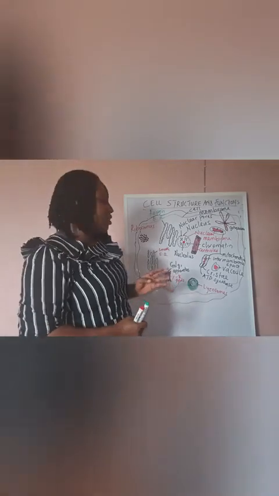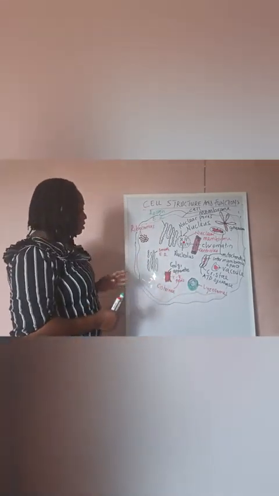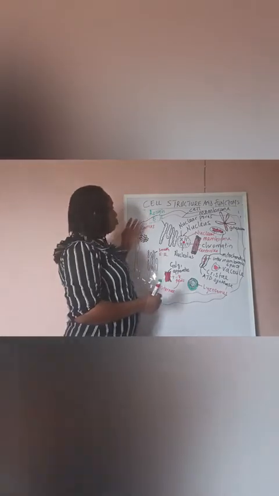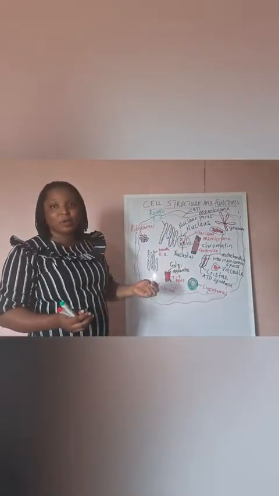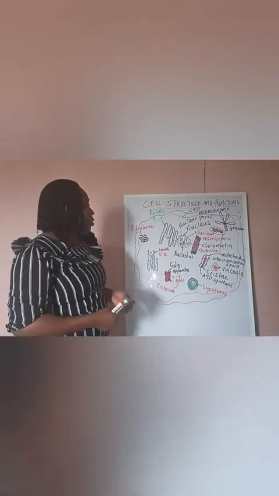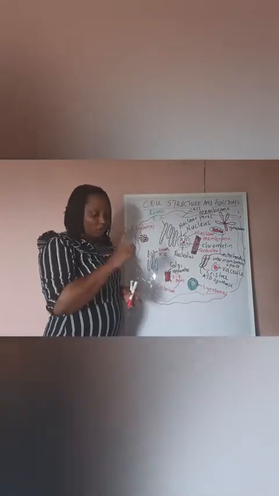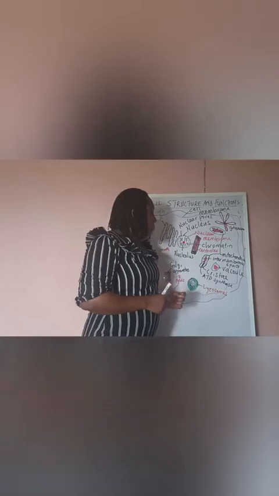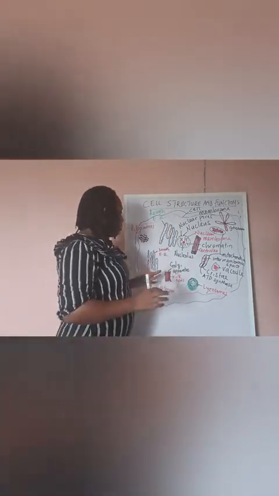The differences between the plant and animal cells are: the plant cell possesses a cell wall, while the animal cell does not possess a cell wall. The plant cell has a large central vacuole, just one large central vacuole, while the animal cell has small vacuoles, but they are numerous.